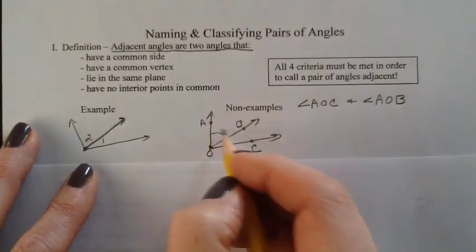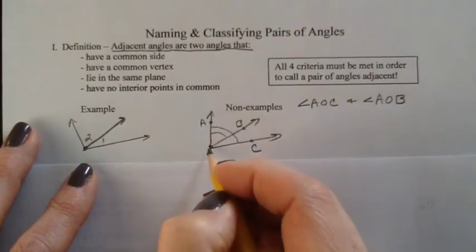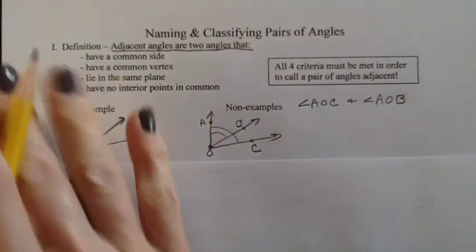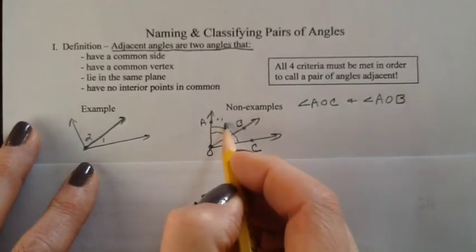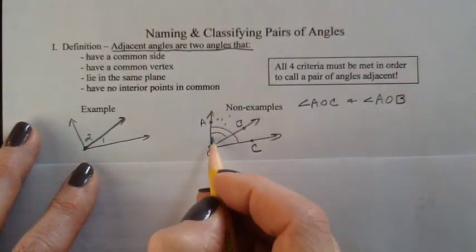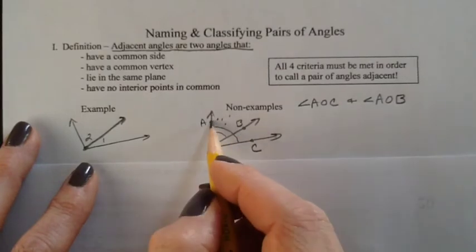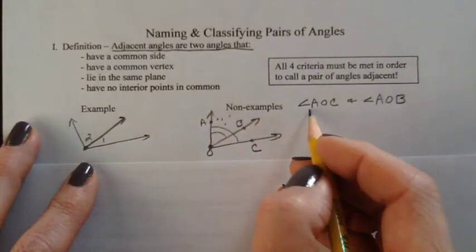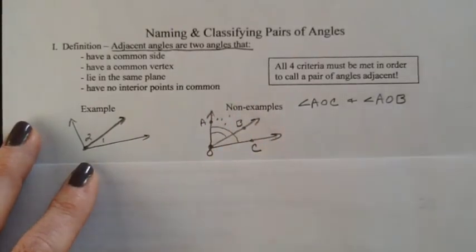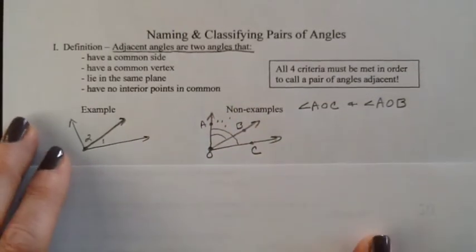So we're talking about this angle and this angle. They have a common vertex right there, and they lie in the same plane. However, these points are in both angle AOB and AOC, so they have common interior points. Therefore, these are not adjacent angles.